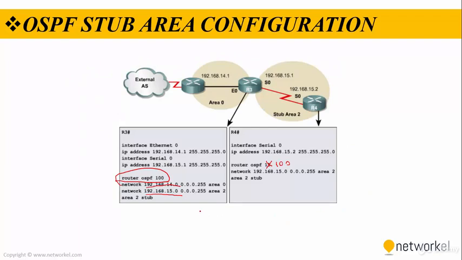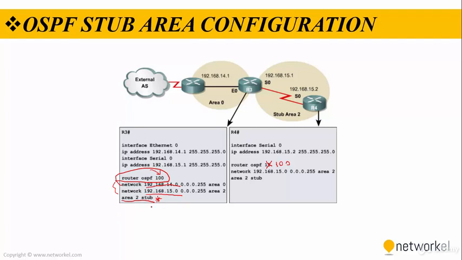Let's take a look at the router 3 configuration first. The OSPF configuration of router 3 is router ospf and our process number. Then we advertise our networks and we are using area, the area number, which is area 2, and stub.